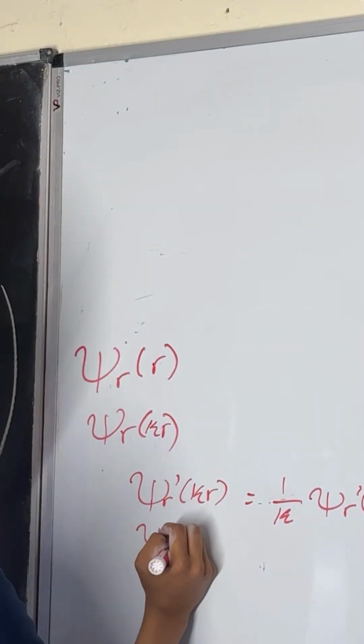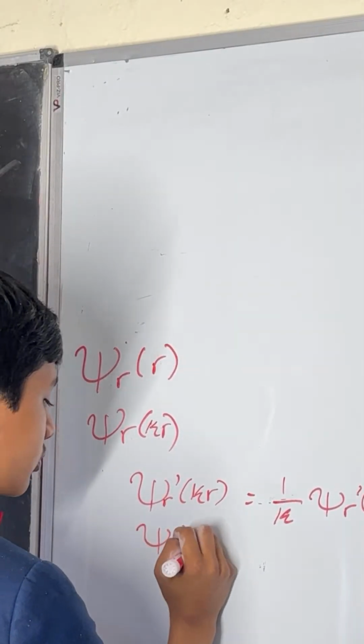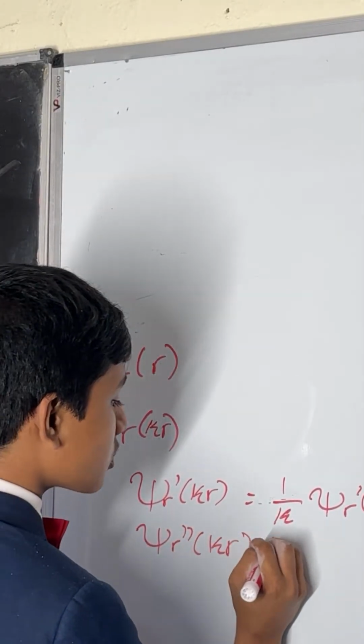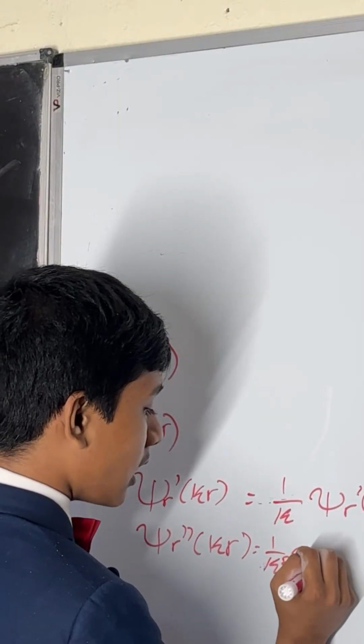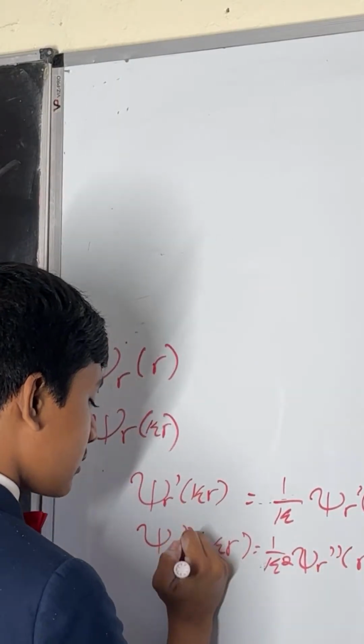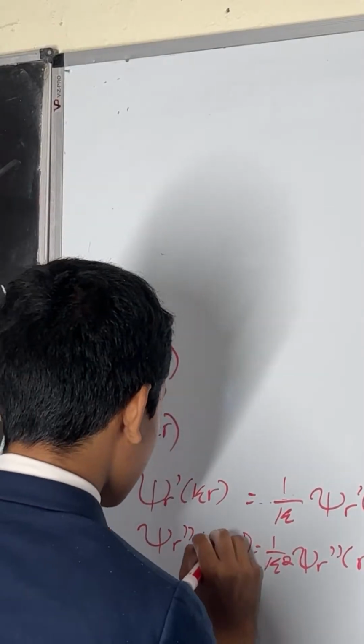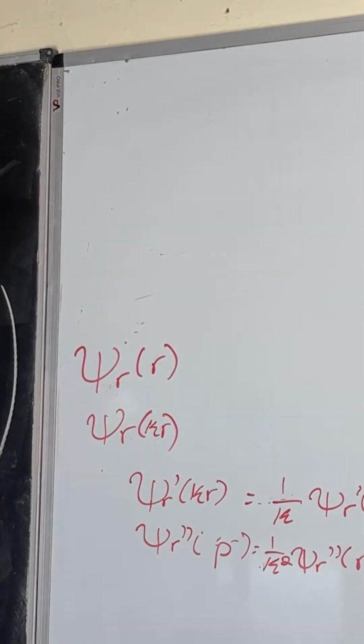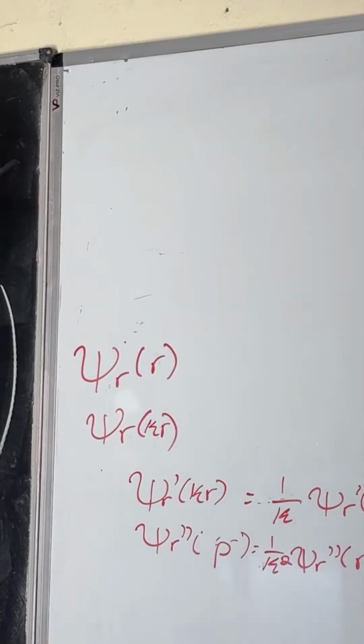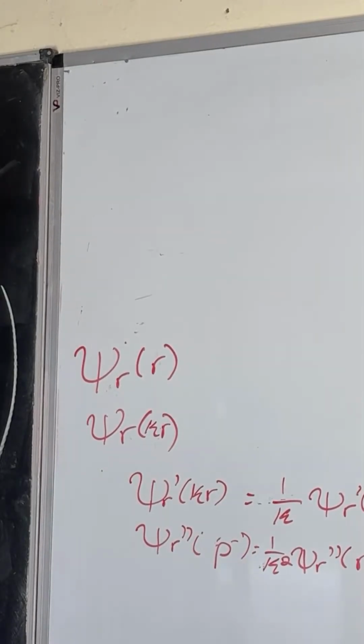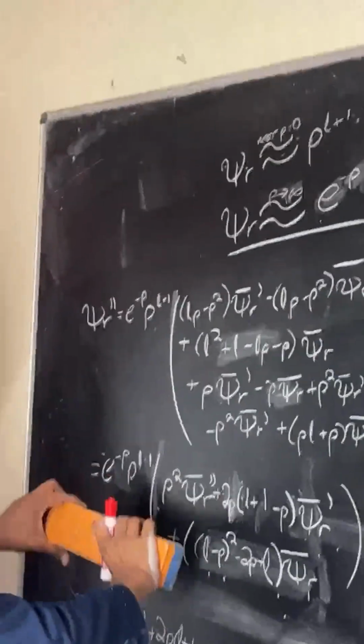You do it again, and you get psi r double prime of kappa r is equal to 1 over kappa squared psi r double prime of r. And so that gives us a good excuse to get rid of the 1 over kappa squared entirely, because we've now written it in terms of rho instead of a function of r. So that is going to disappear, and now we have a much cleaner situation all around.